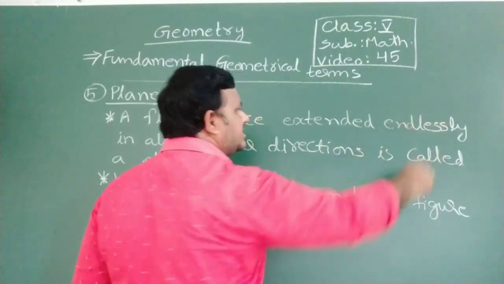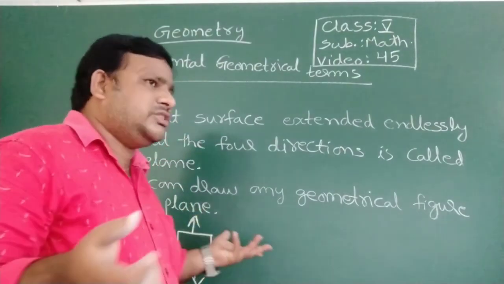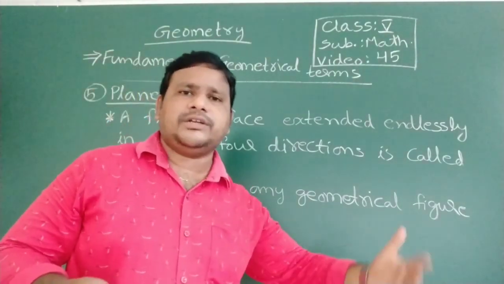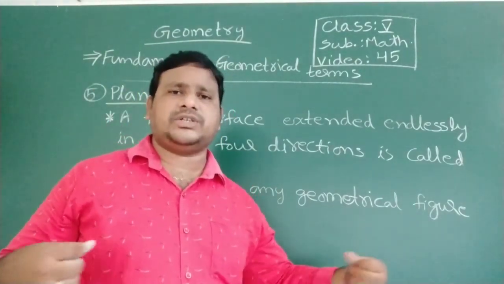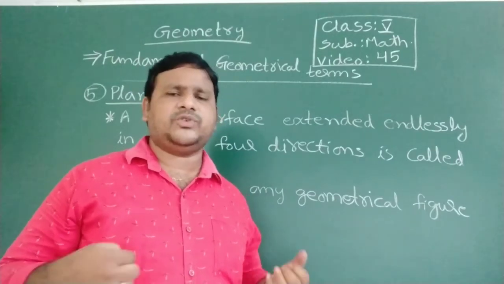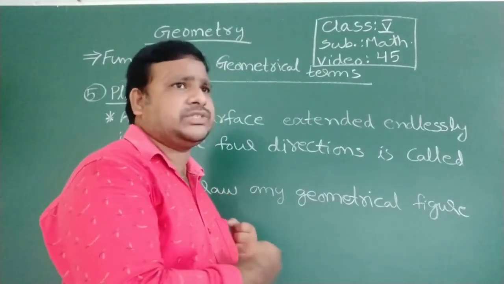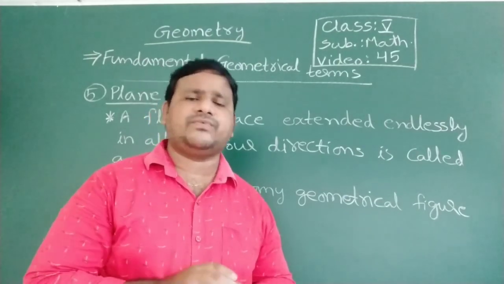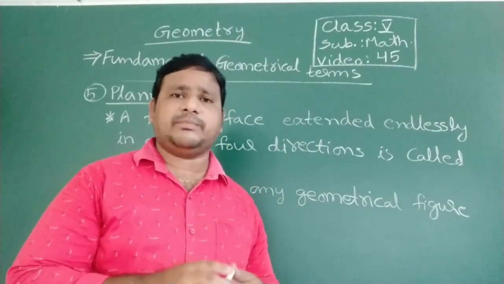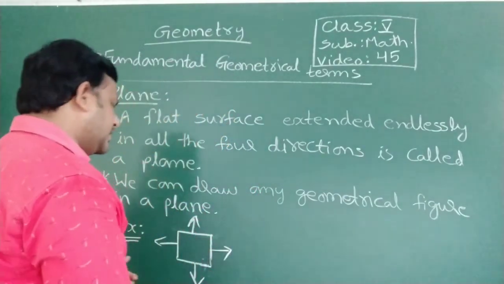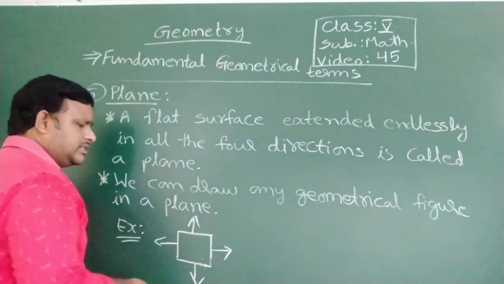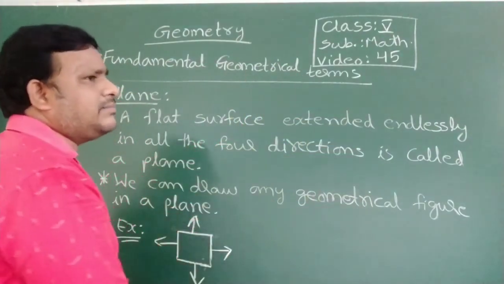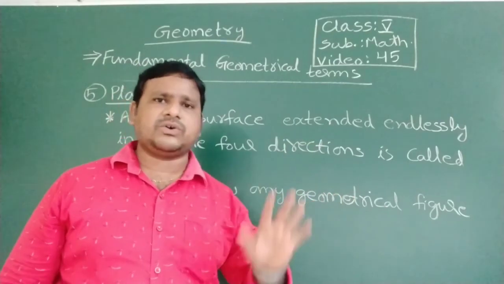Endlessly. Endlessly means infinitely. There is no particular length. Not 2 meters, 3 meters you pull. He is not saying that in the definition. What he is saying is, just extend endlessly in all the four directions, then you will get a plane. So if I extend in all the four directions, then finally I will get something. That something is called the plane.